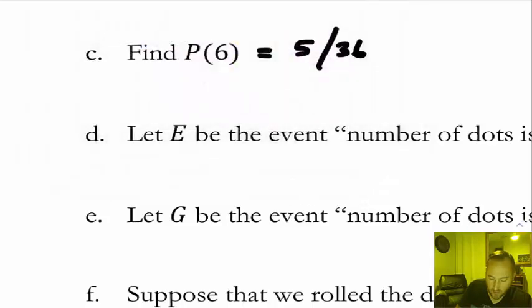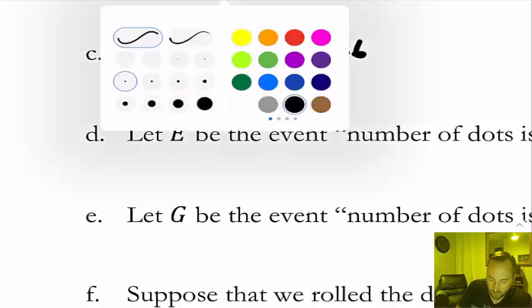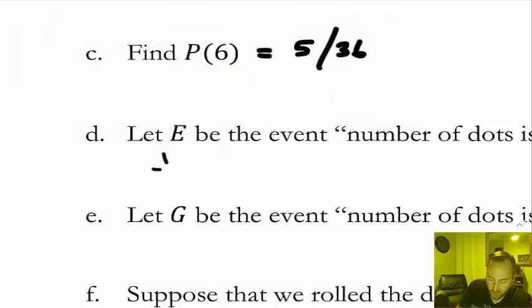So again here we've got 1 out of 36. I'll make that a little bit smaller. Plus, next one would be for 4, that's 3 out of 36. Plus the next one for a 6, that's 5 out of 36.